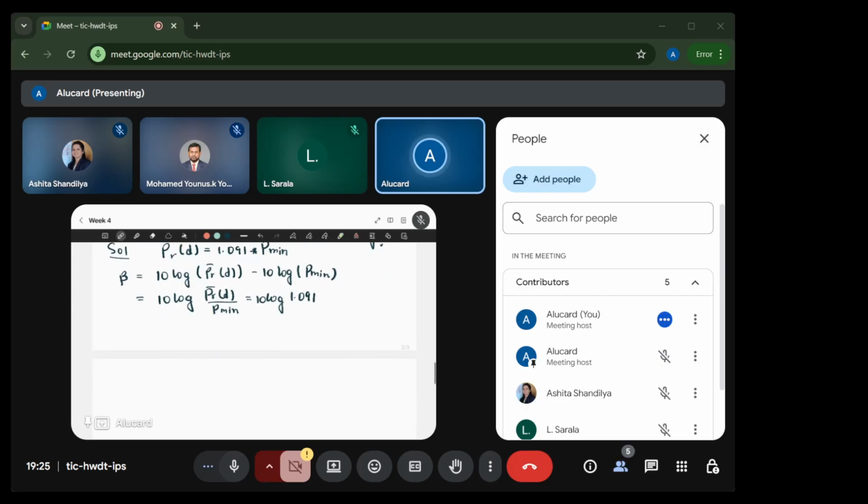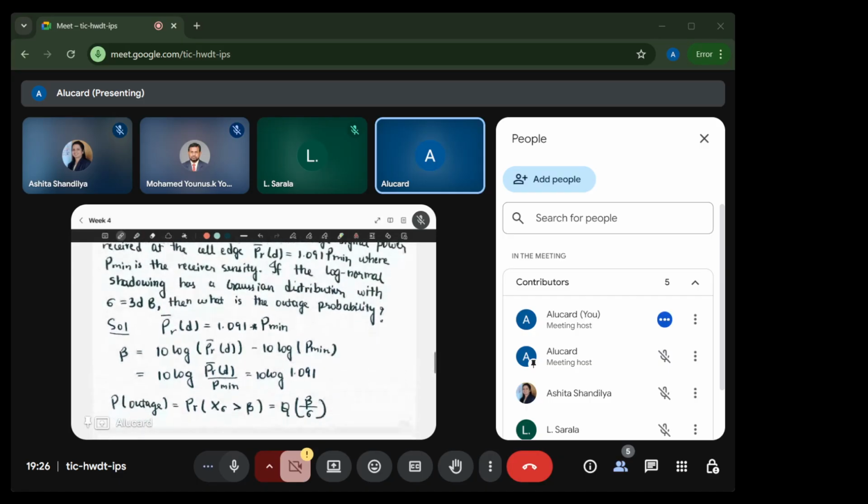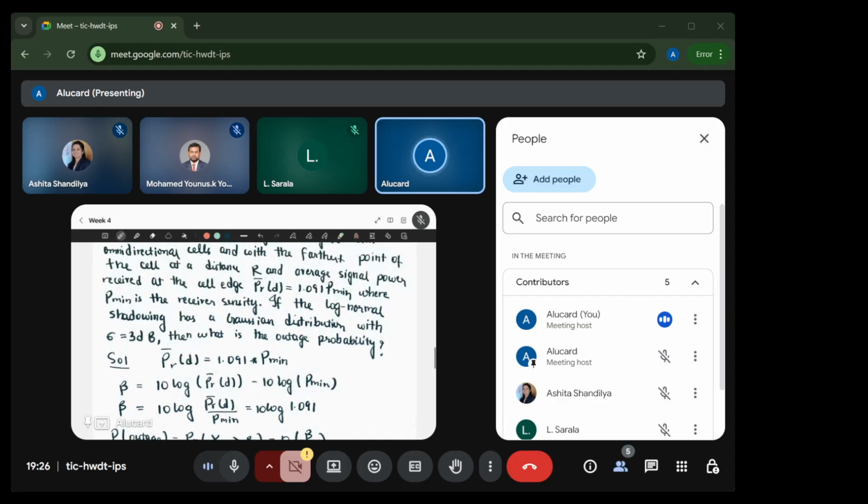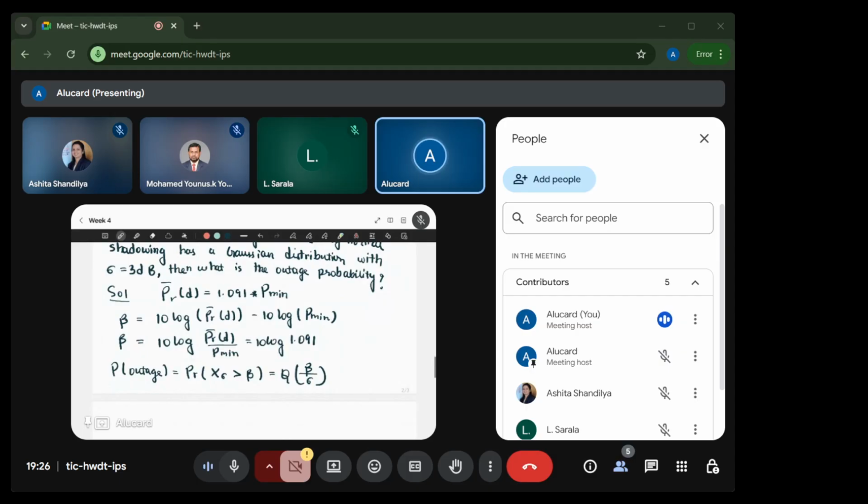And you find out beta, you take the log and calculate the value, then you will get P outage, which is the probability that X sigma, your shadowing, is greater than beta, which is equal to Q of beta divided by sigma. So beta is 10 log 1.091, sigma is 3 in this question. Put those values in a Q function calculator and you will get your P outage.